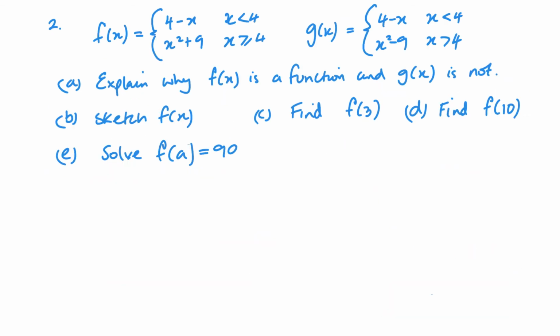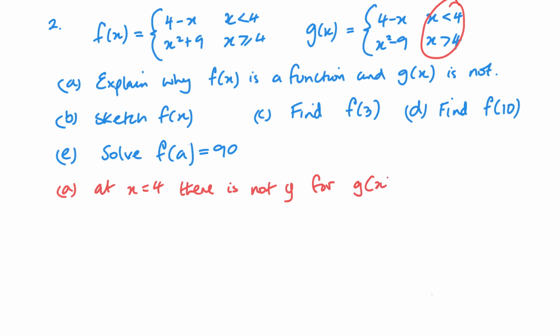Okay, so part A, the explanation I'm just going to give you verbally, but this is what I'm looking at here. In the g of x, if I look at x equals 4, there is no y for my g of x.